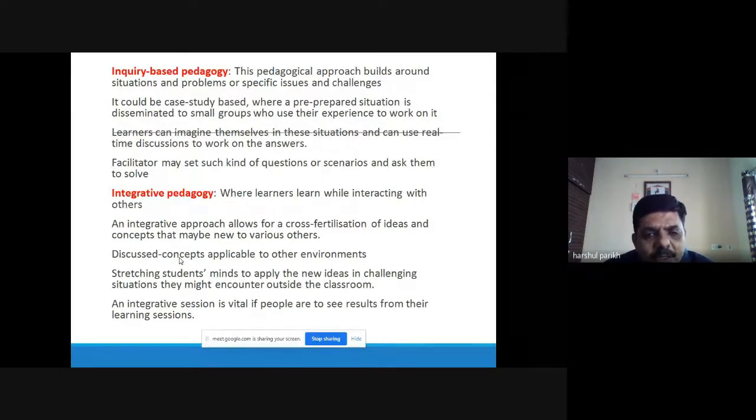They discuss concepts applicable to other environments, whatever they have learned, whatever the teacher has taught, whatever knowledge they gained in the previous pedagogy, and put these concepts in a different condition or situation to solve problems.